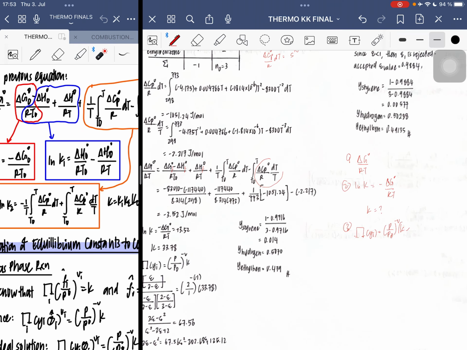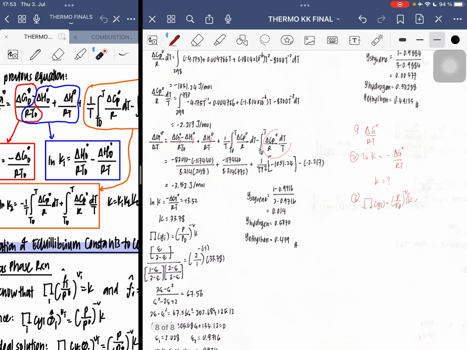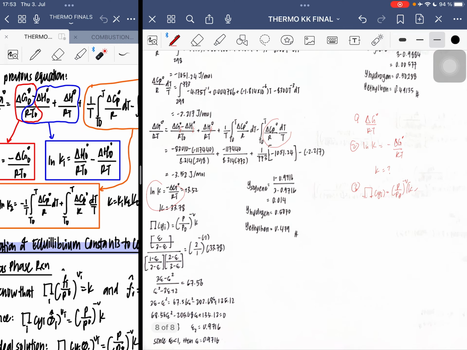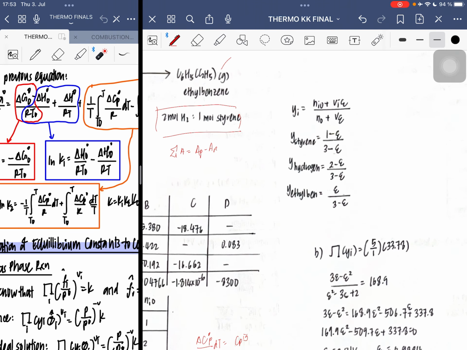And then sub inside this equation, ln K equals negative G naught over RT, and you get your value of K. And then from before, okay, this is the tricky part. The formula for yi, or the mole ratio, is Ni naught plus Vi times the reaction coordinate over N naught plus the stoichiometric coefficient sum times the reaction coordinate.